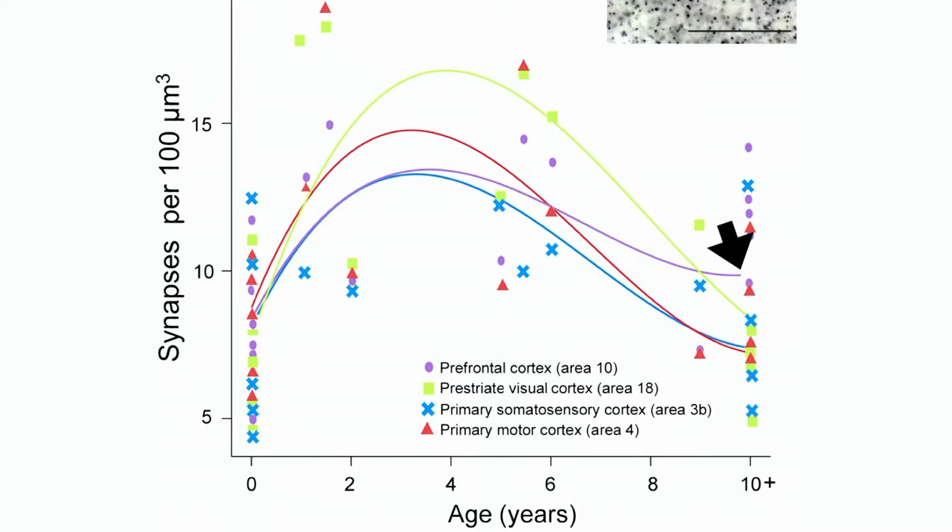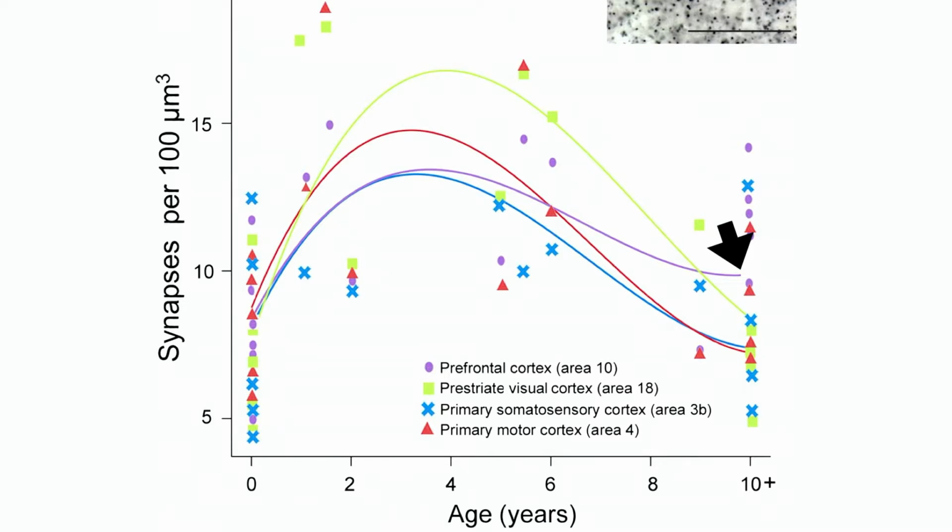And you look at the chart, this is synapses per 100 cubic nanometers. You'll see how many synapses are in that area, and then you see the ages going across.